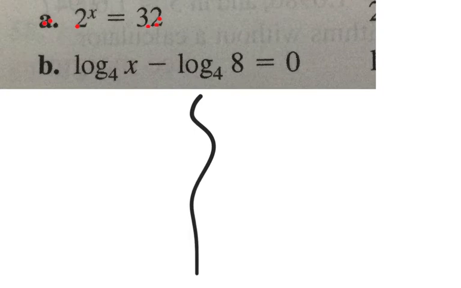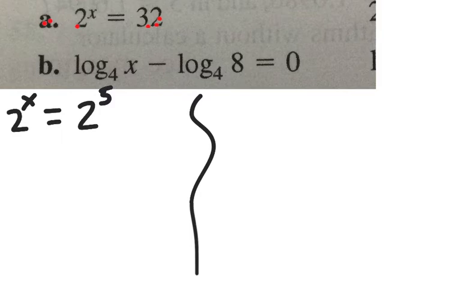I can. What is 32 in terms of 2? Let's say 2 to the first is 2, 4, 8, 16, 32. Right, so 32 would be 2 to the 5th. Now I've got powers that are set equal to each other.